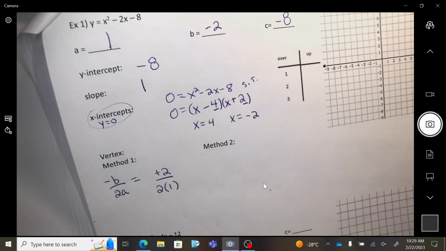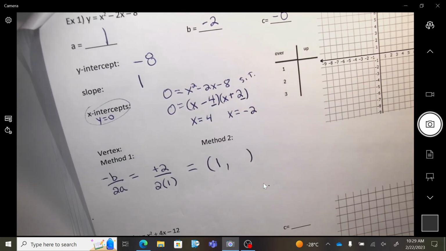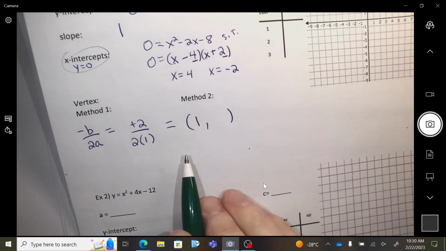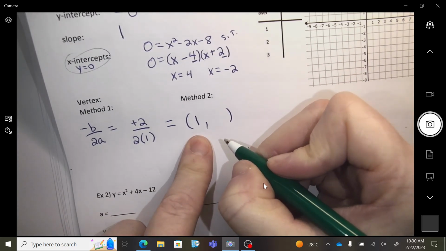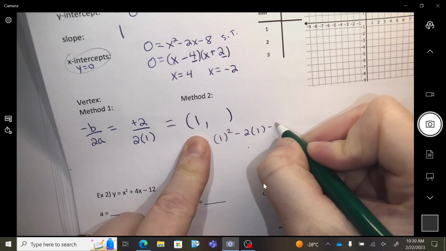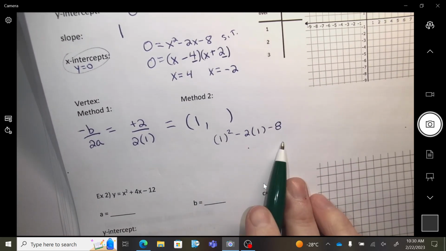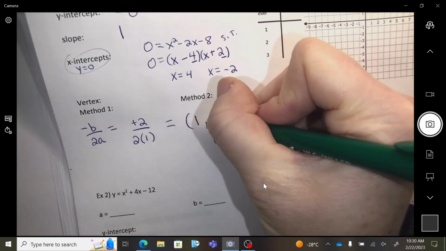So 2 divided by 2 is 1. Okay, now I'm going to do what with that 1? Plug it in. So plug it into the equation will give me a -9.